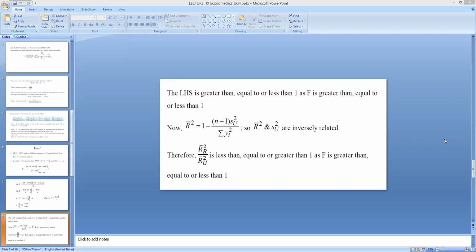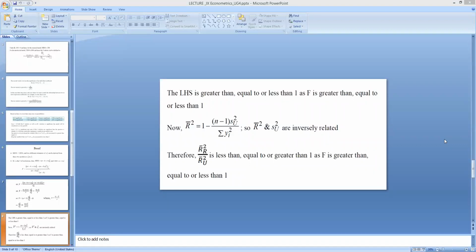Next, you write down R bar square. Capital R bar square is equal to 1 minus RSS by n minus k divided by TSS by n minus 1, or R bar square is equal to 1 minus RSS by n minus k, that is A square.